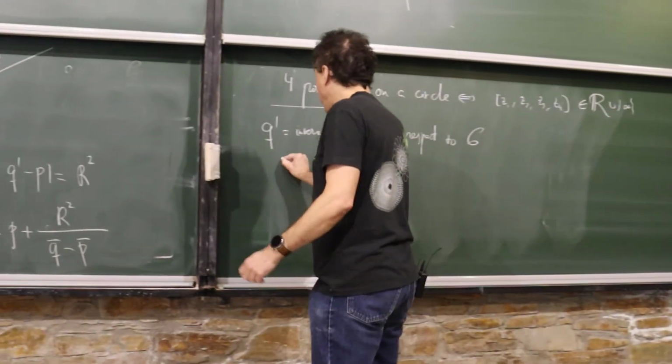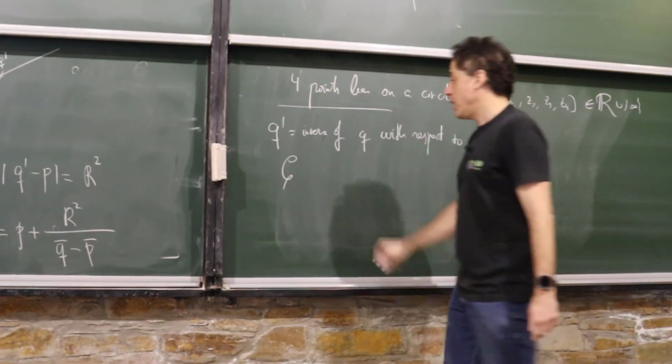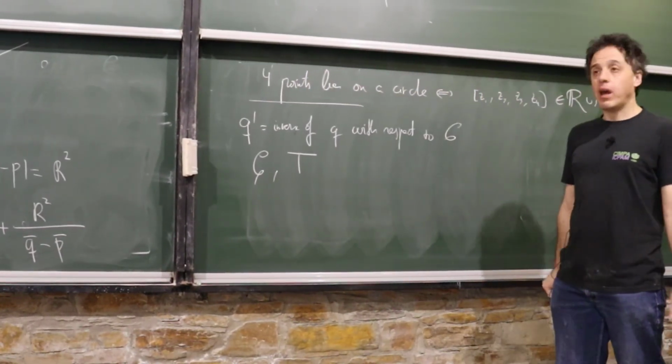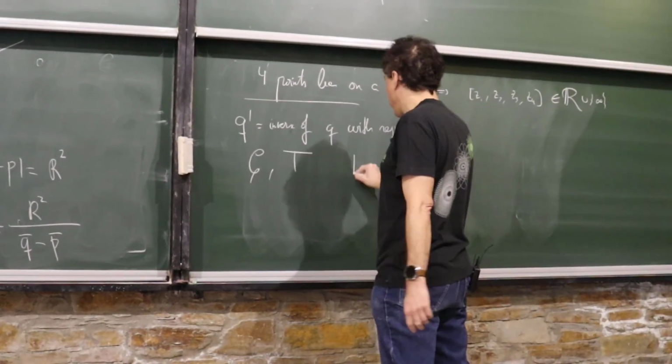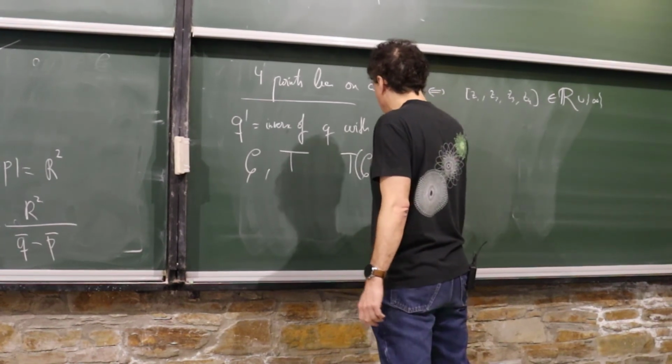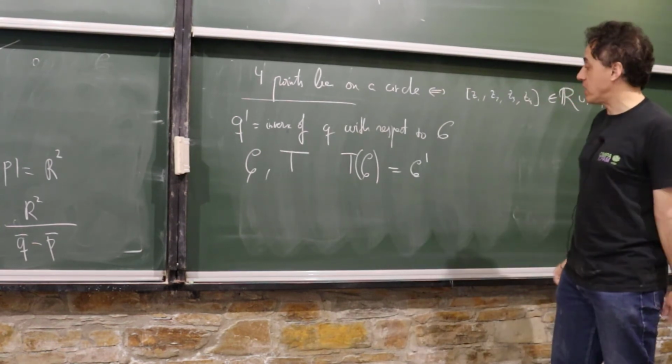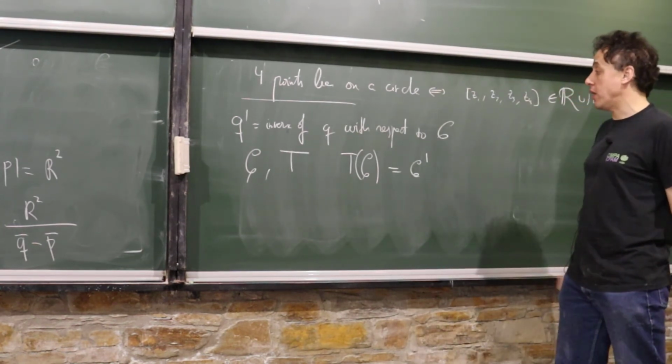I mean, if you have a circle C, and a Möbius transformation T, such that this Möbius transformation transforms the circle C into another circle C prime. It takes circles into circles, so it transforms like this.